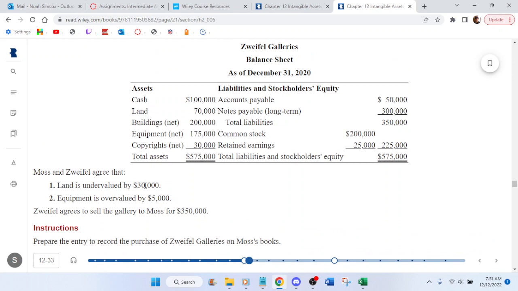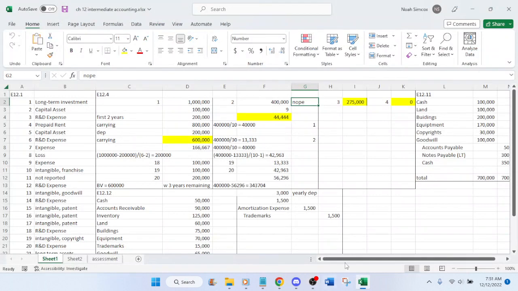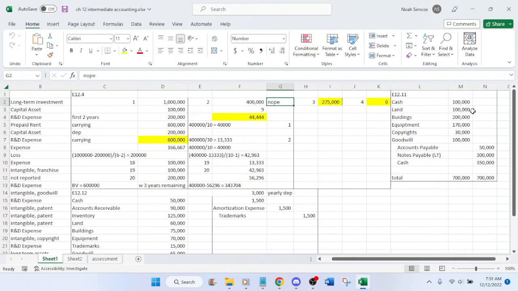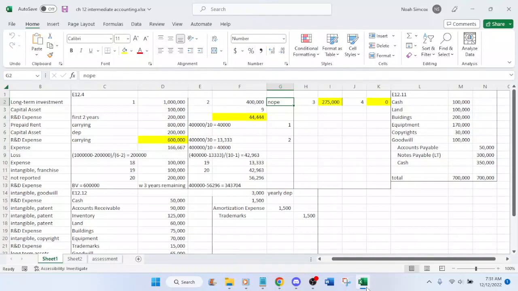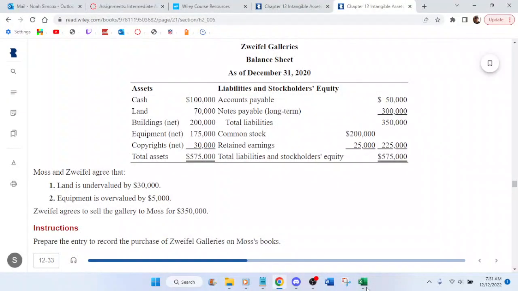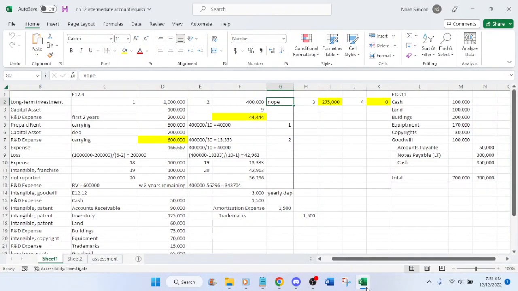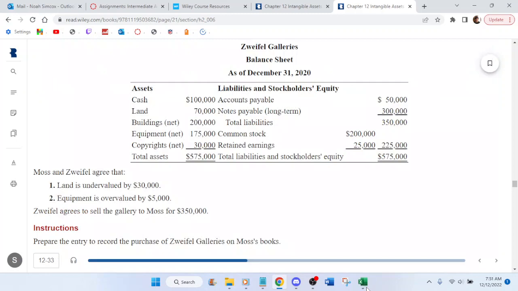You report land at 100,000 and equipment at 170. So cash is the same. Land, buildings, equipment, copyrights 30,000. And then we have accounts payable 50,000, notes payable long term.